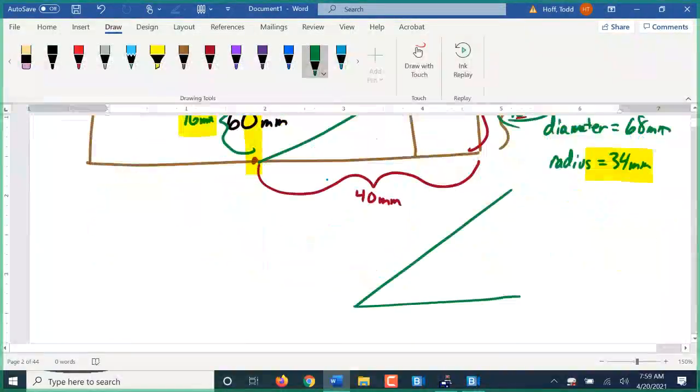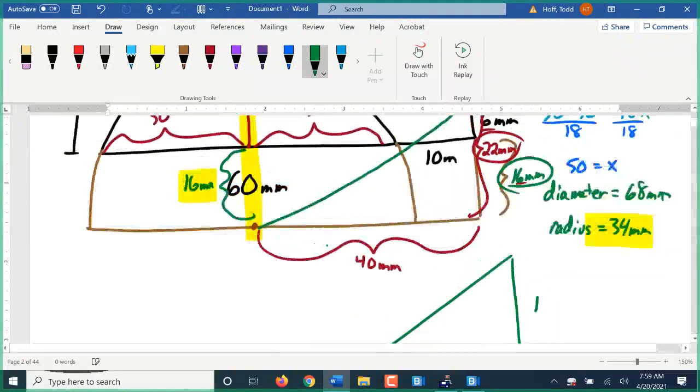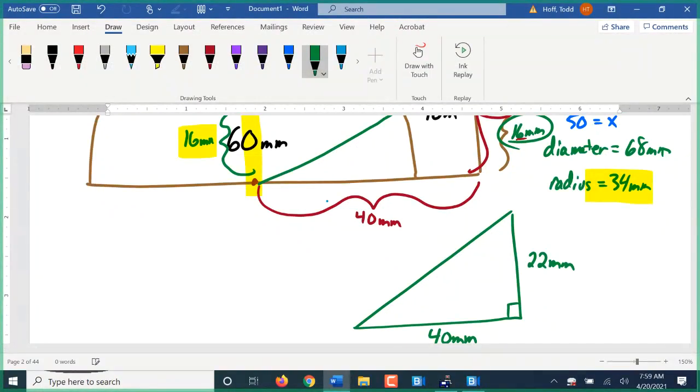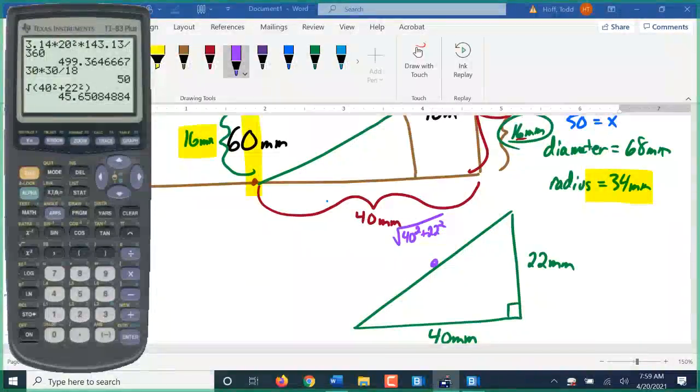So we would have 40 millimeters by, what was that, 22 millimeters, and we go from there. So I can find the length of this side here. It's the square root of 40 squared plus 22 squared, 45.65.